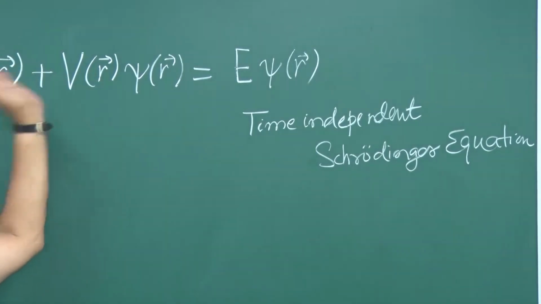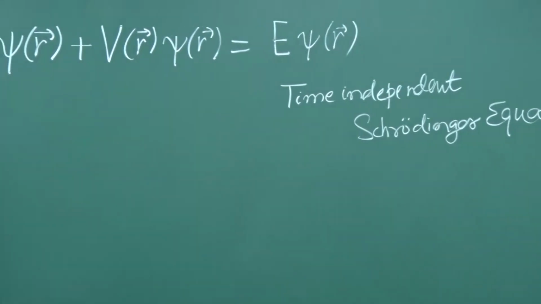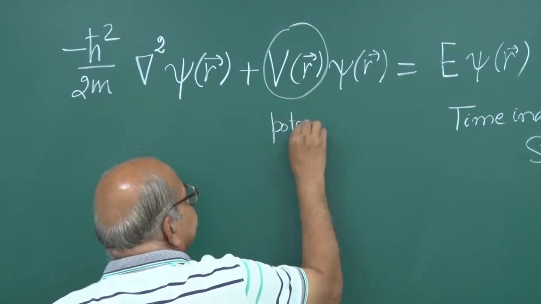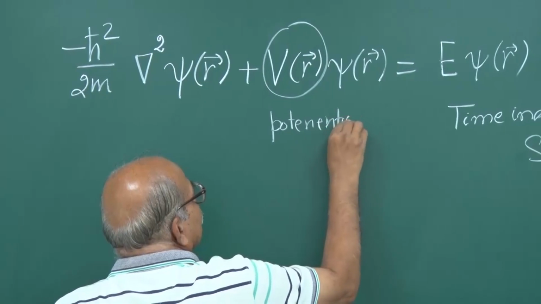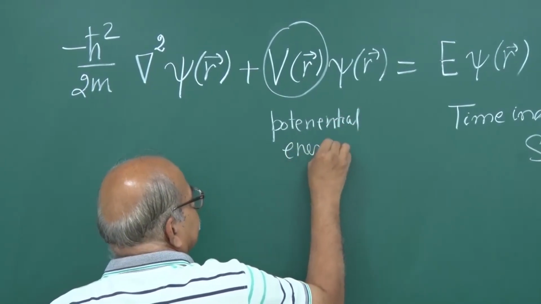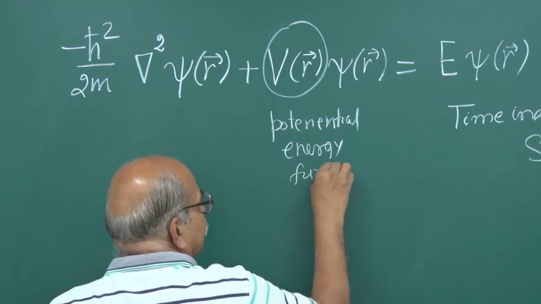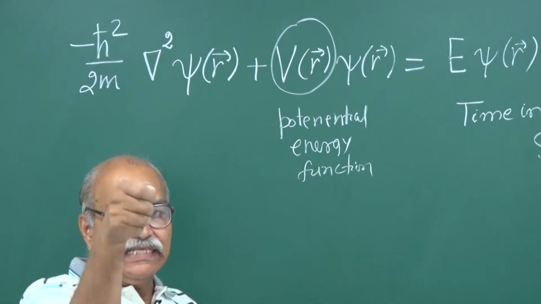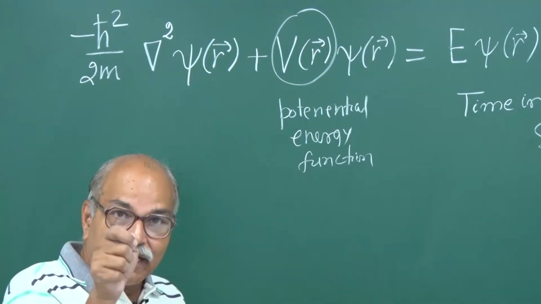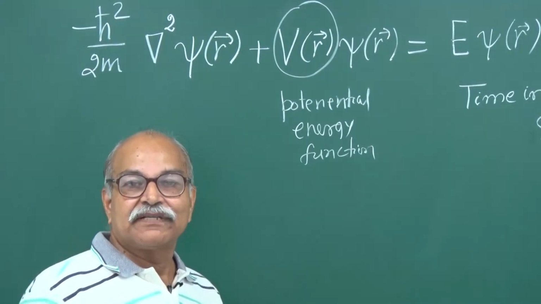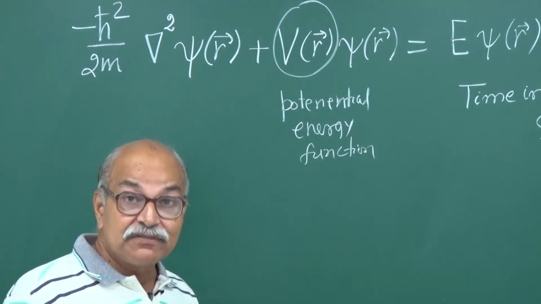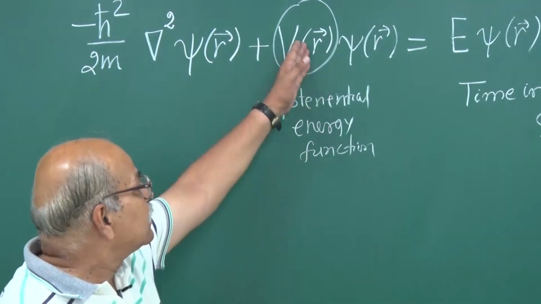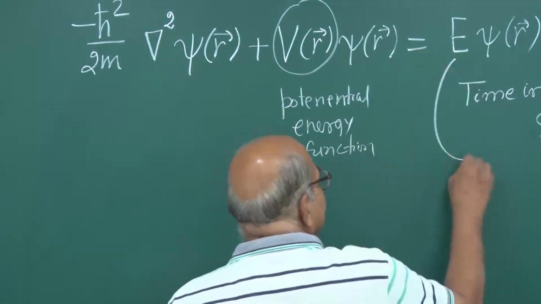Here is the potential energy function. Like in the Coulomb hydrogen atom case, this was e square over 4 pi epsilon naught r, where r you can write as square root of x square plus y square plus z square in Cartesian coordinates, or r if you are using spherical coordinates. So this is the potential energy function, and this is the total energy we are looking for.